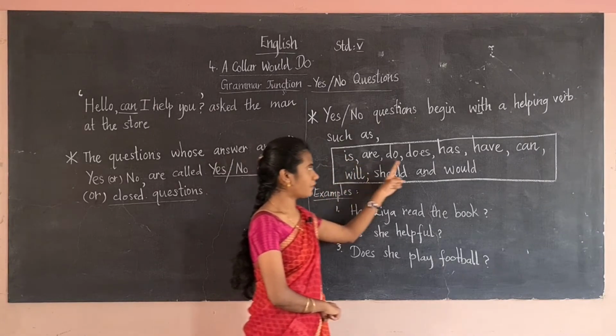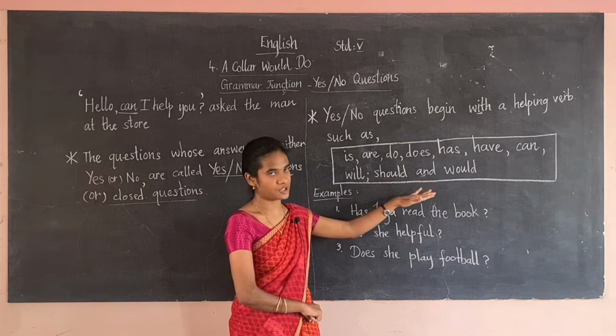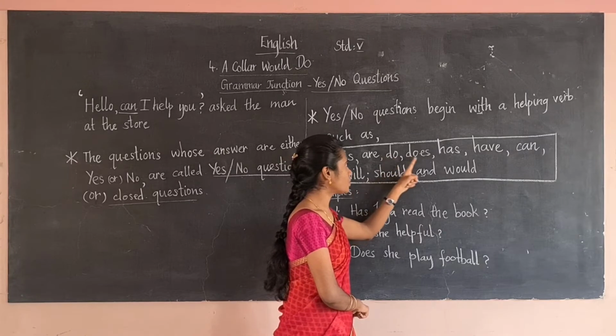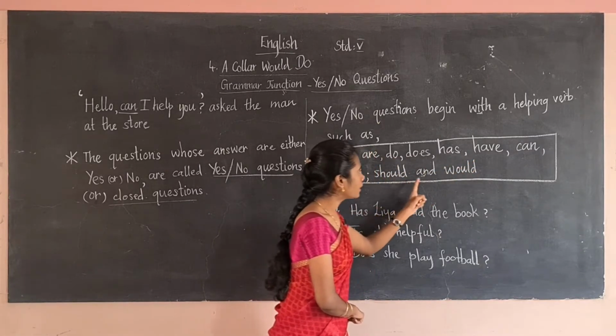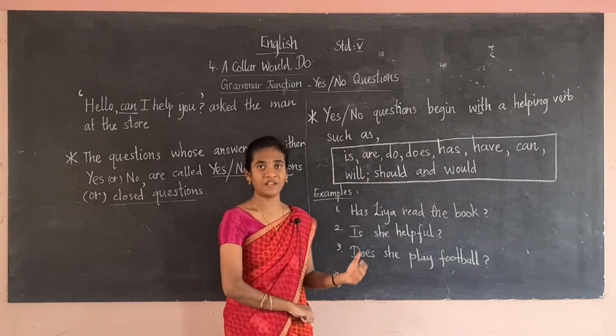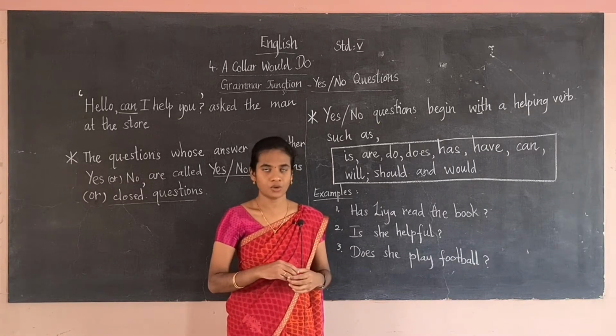I have written some of the words in the box. The helping verbs are is, are, do, does, has, have, can, will, should and could. With the help of the helping verbs only we can frame the yes or no questions.